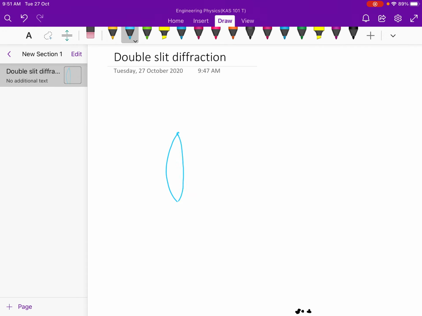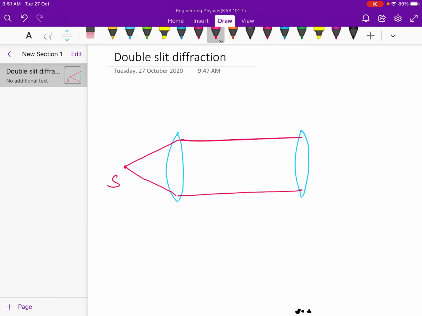Because it is a Fraunhofer diffraction, we have again two lenses. The source is at finite distance, but we are putting the lenses so that it appears the beam is coming from infinite distance.